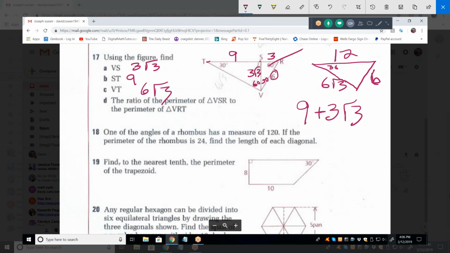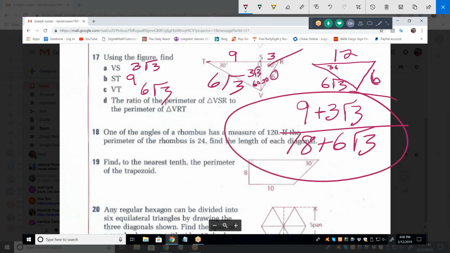They want the ratio, so we need the perimeter of the outside triangle. What's the perimeter of the outside triangle? 12 plus 6 plus 6 square root 3. So that's 18 plus 6 square root 3.